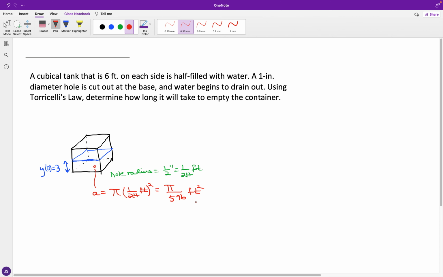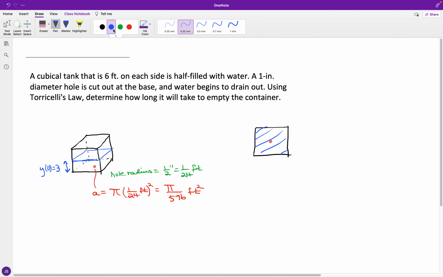Now we have also in the mix the cross-sectional area. Again, we have a hole at the very bottom, but throughout, the water is contouring the edges of the cube until the water runs out through the hole at the very center.